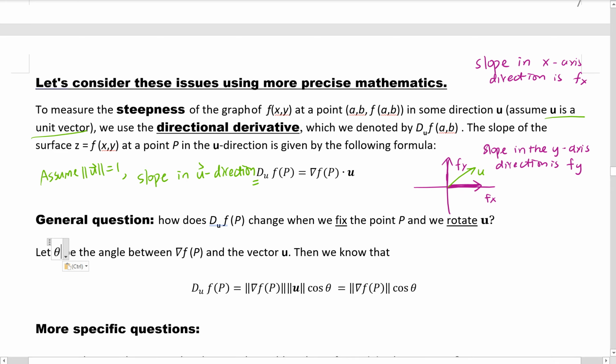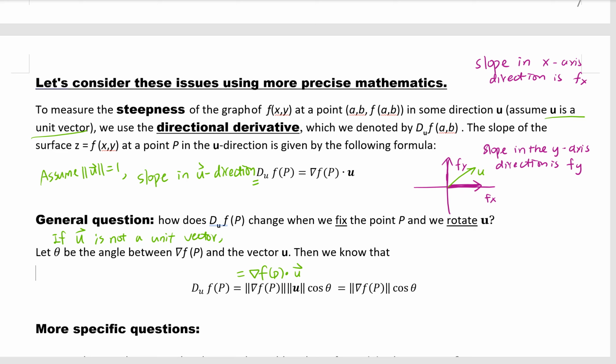In general, if u is not a unit vector, the directional derivative equals the gradient dot u, which is the magnitude of the gradient vector times the magnitude of u times cosine theta.